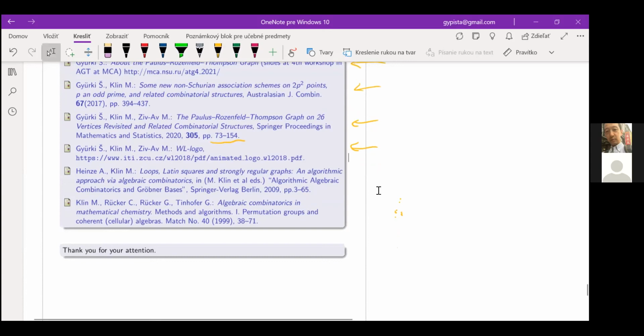And there are more items in which Mishaklin with some co-authors are explaining a lot of connections between combinatorial objects and graphs and algebraic things. So if you would like to know more on a quite educational level, then really you have to look at the papers of Heinz Klein and Klein-Rücker and Tinhofer.